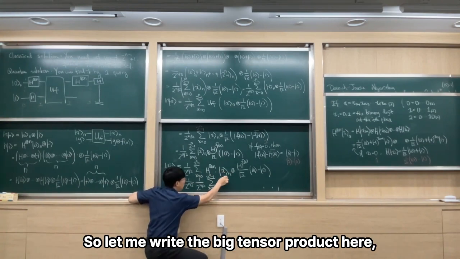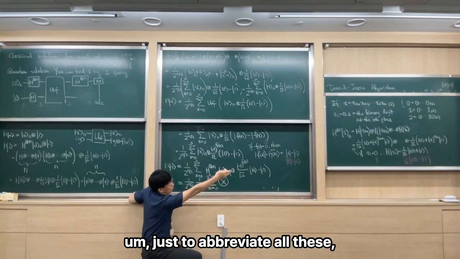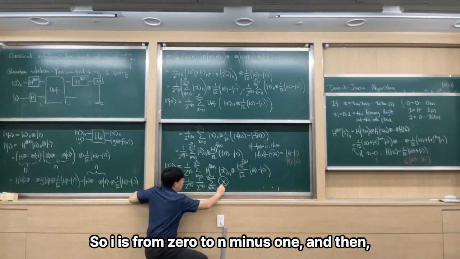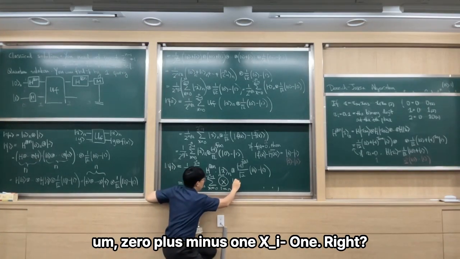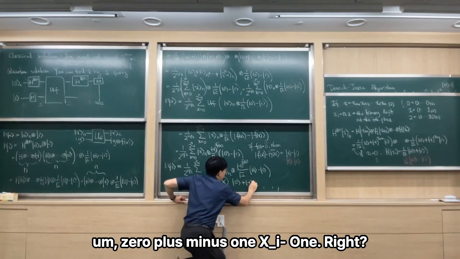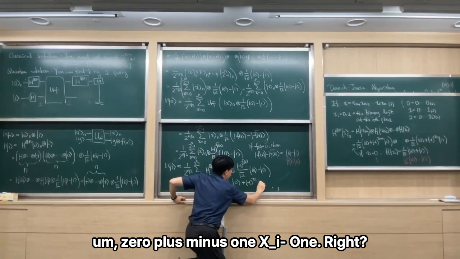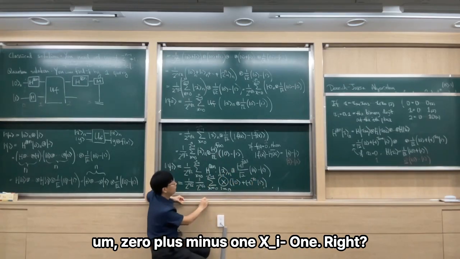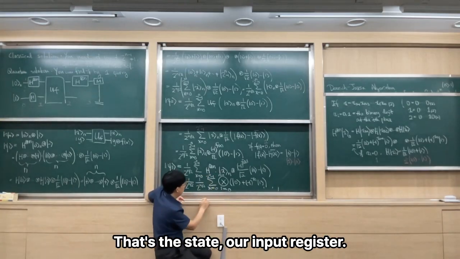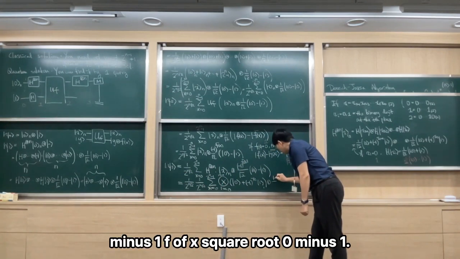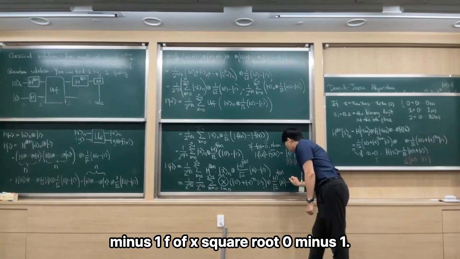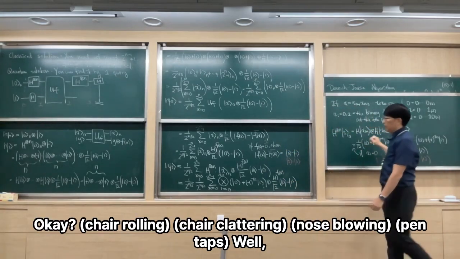So let me write the big tensor product here, just to abbreviate all these dots. So i is from 0 to n minus 1, and then ket 0 plus minus 1 to the x_i, ket 1, right? That's the state of the input register, and the output register is the same: minus 1 to the f of x, ket 0 minus ket 1 over square root of 2. Okay?